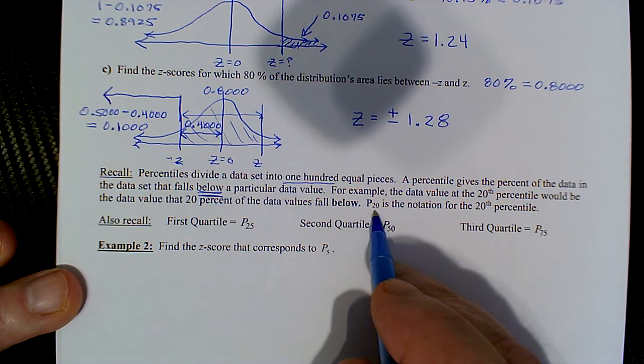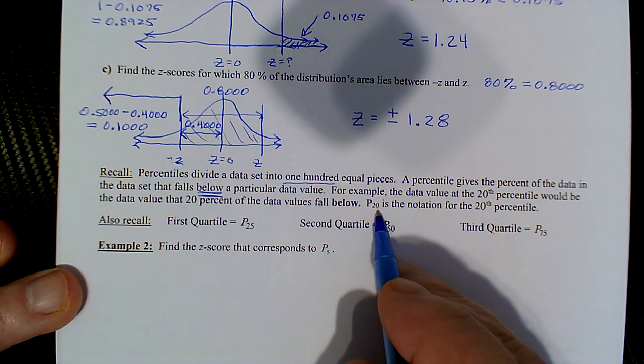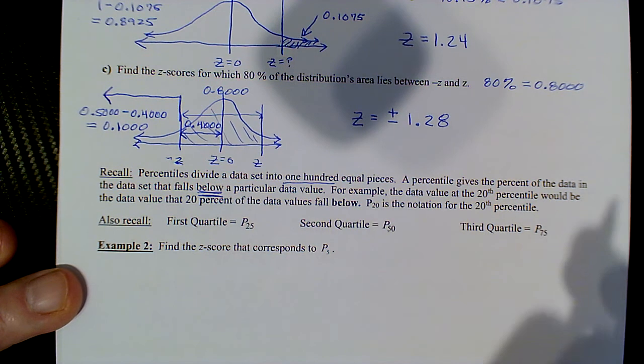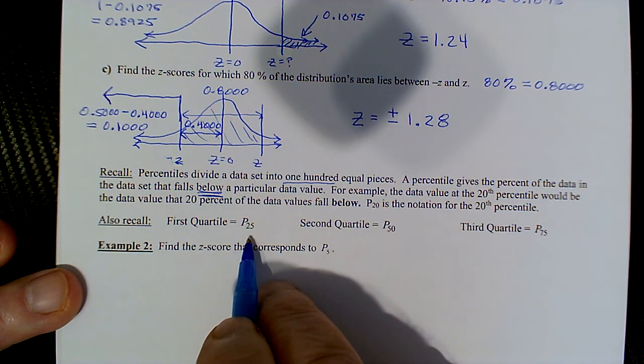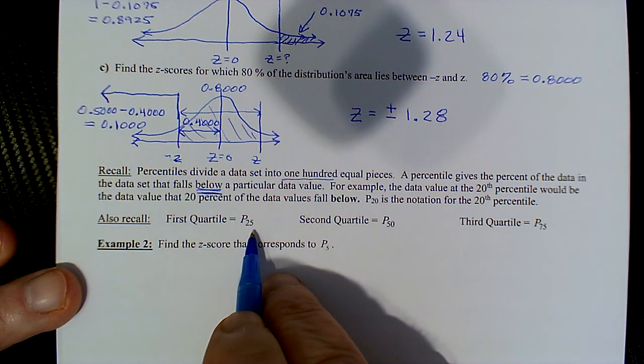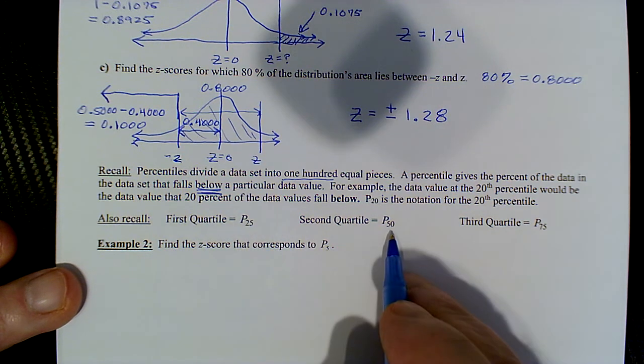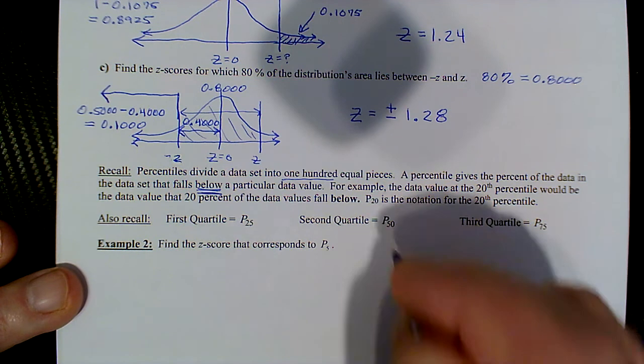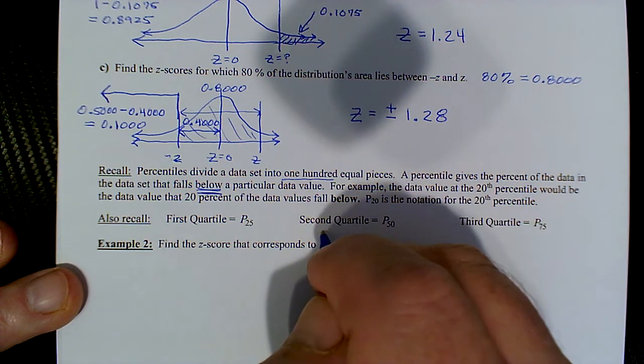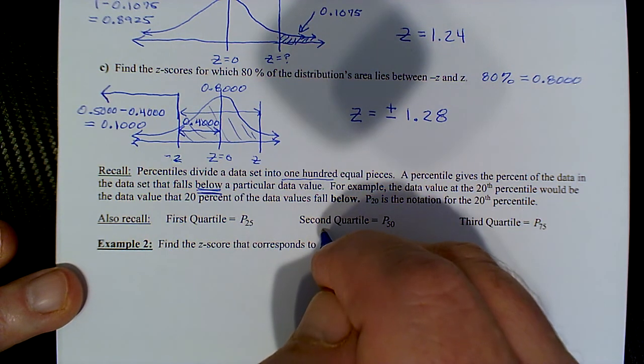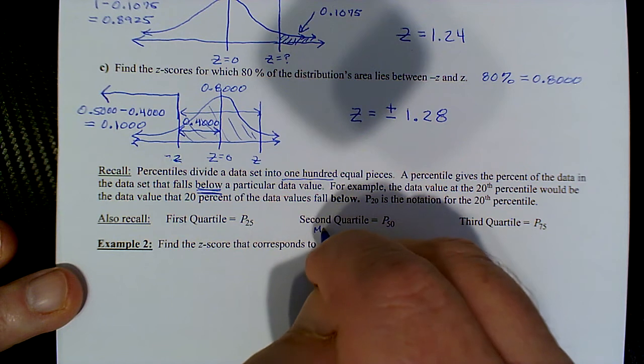And we have this little notation, P with a subscript of whatever the percentile is. So also recall, first quartile is the 25th percentile, second quartile is the 50th percentile. Actually, this is also the median.